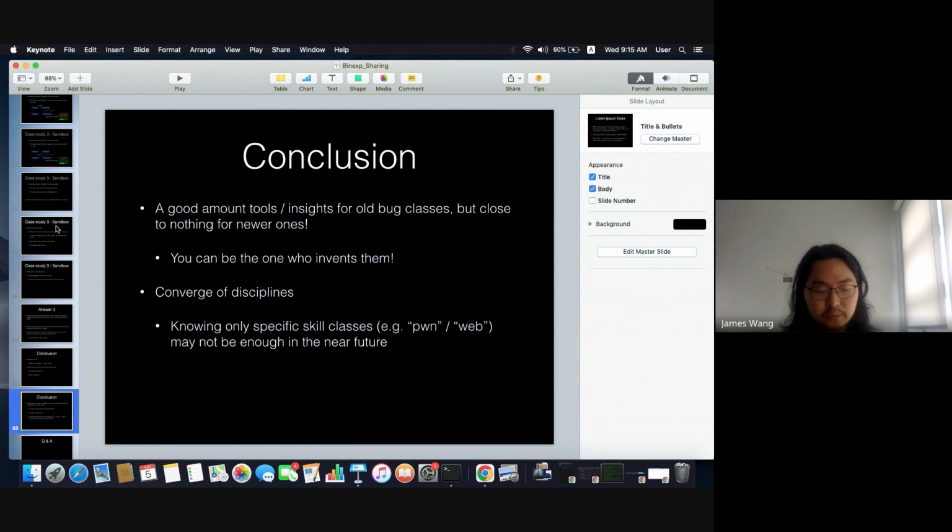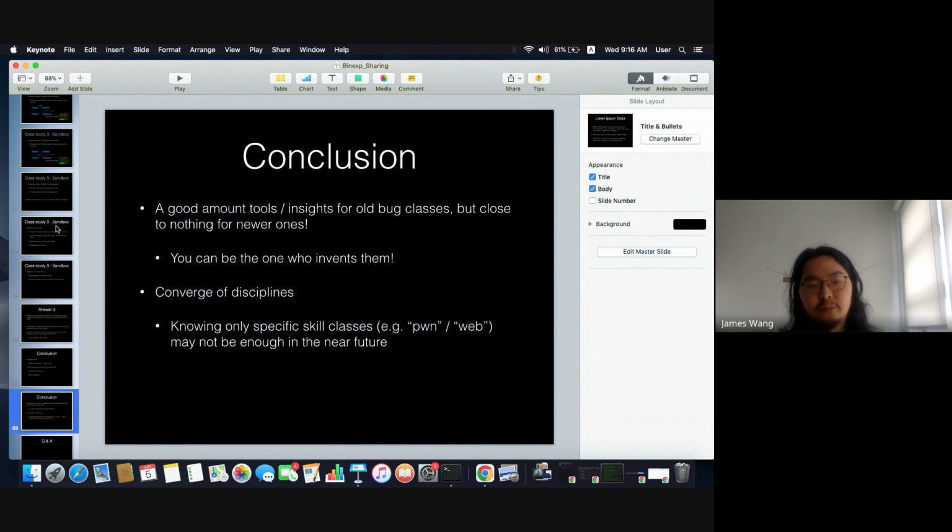It might no longer be sufficient if you only know specific skills, like the heap layout of the standard library or Chrome, or how to leak the kernel base address. If you're only familiar with those kinds of pwning skills, it might be hard for you to survive in the security research industry in the future.